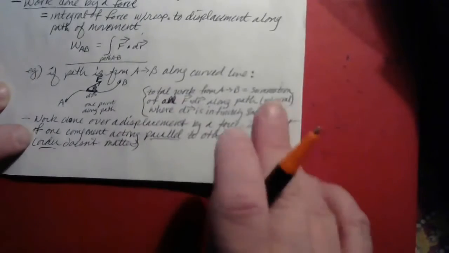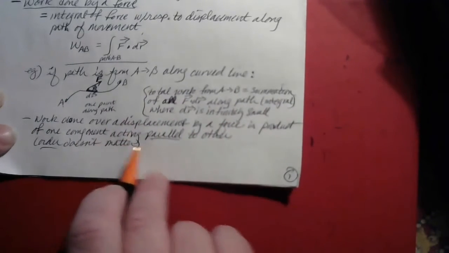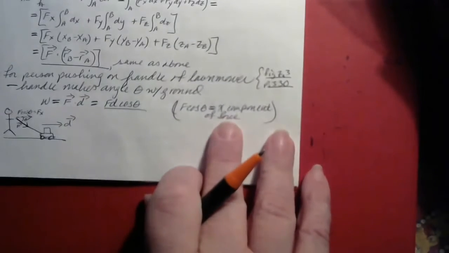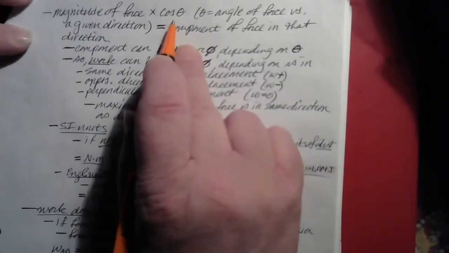Okay, the work done over a displacement by a force is a product of one of the components acting parallel to the other. And the order doesn't matter because it's a dot product. All right, moving on. The magnitude of the force times the cosine of theta.